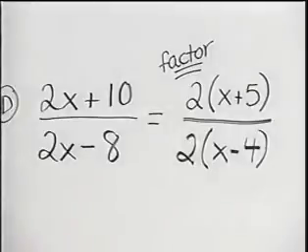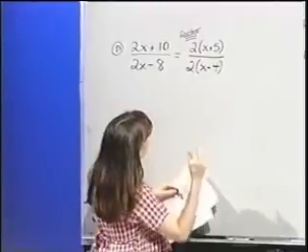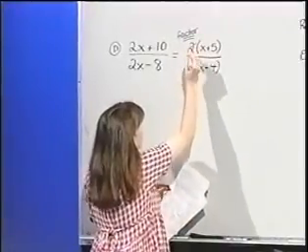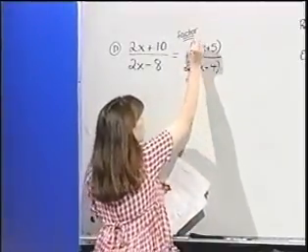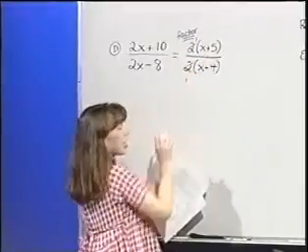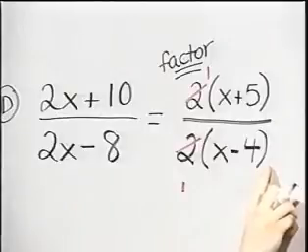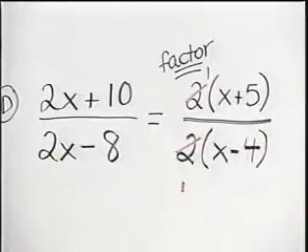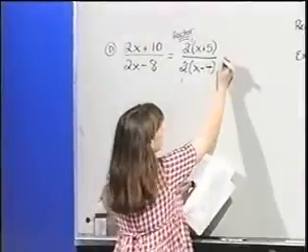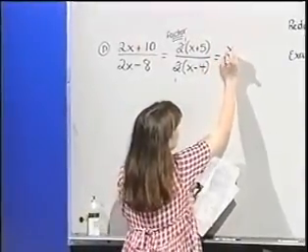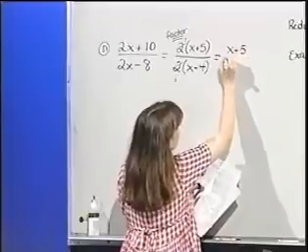I now have a product in the numerator and a product in the denominator, and now I can cancel anything that occurs in both places. Notice the 2 occurs in both places, and because it's a product, I can cancel it. The x plus 5 and the x minus 4 are not the same terms, so I can't cancel those. So I'm simply going to write my answer as x plus 5 over x minus 4.